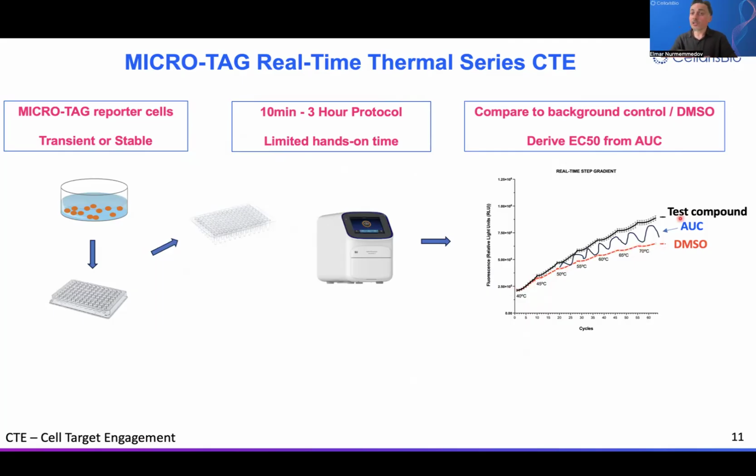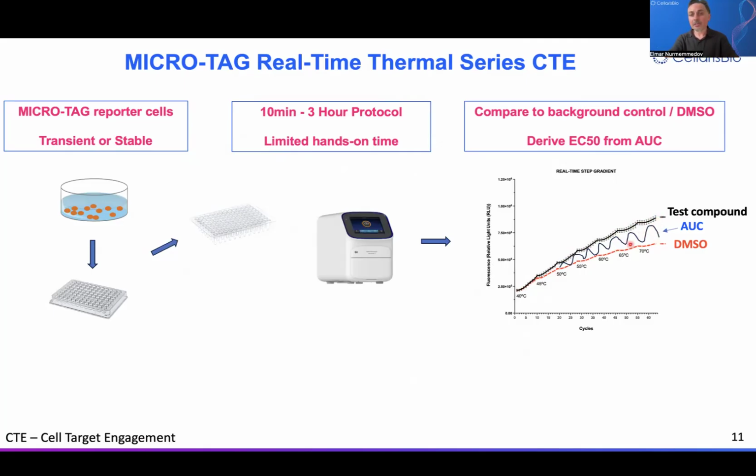The test compound, which is a positive control for your target, would engage it with the target, stabilize it, and allow the target to be stable for a longer time at higher temperatures. Initially, you will get a lot more fluorescence. It will keep climbing up, and at some point it will slow down and plateau, but it will generate a lot more fluorescence compared to your baseline at certain temperature points.